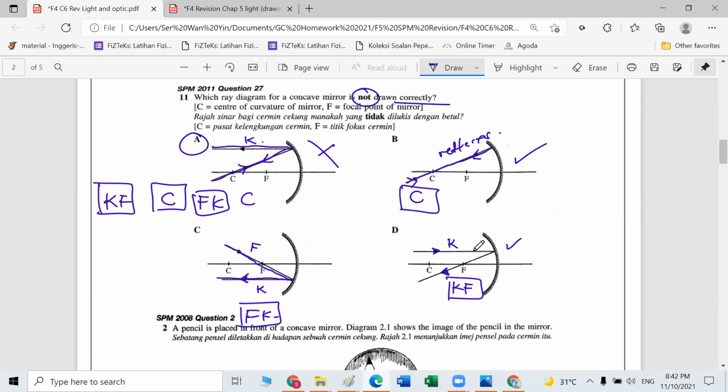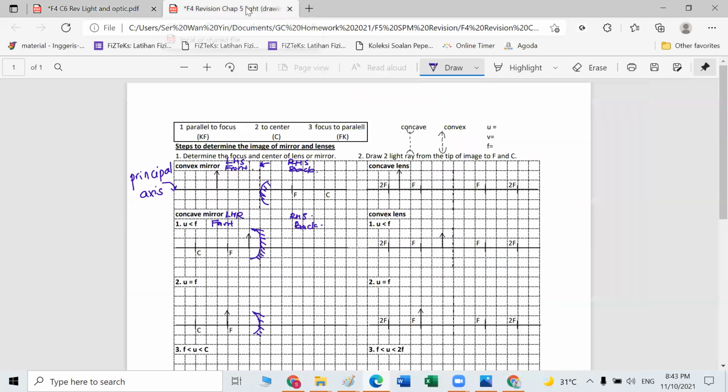You can see that? KF or FK. We don't have CK. CK is Calvin Klein. We don't have this. We only have makan. So now you can draw here K, then F.